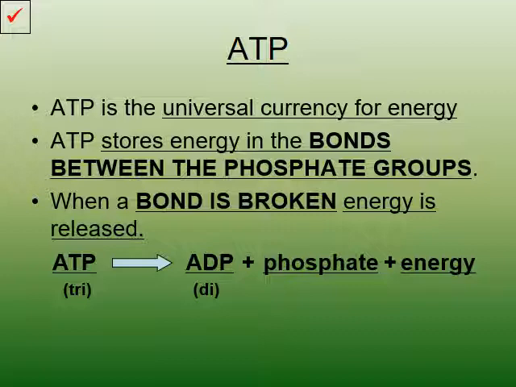So if you think back, we know that ATP looks something like this. That's a very crude interpretation, but you get the point. We had our adenine, we had our ribose, and we had our three phosphate groups.